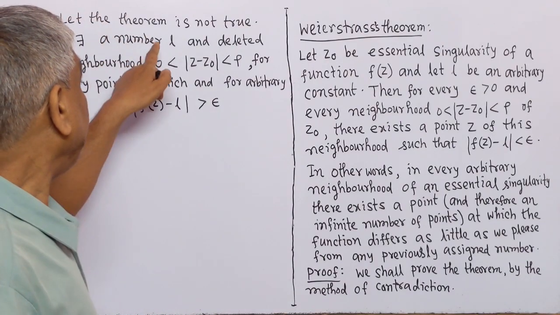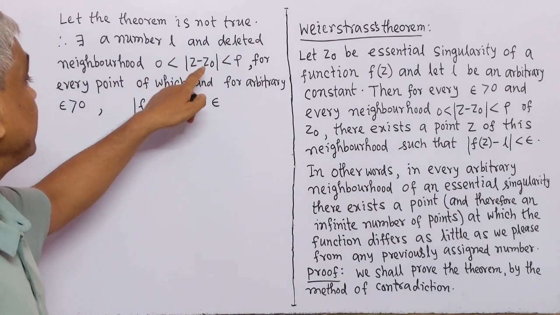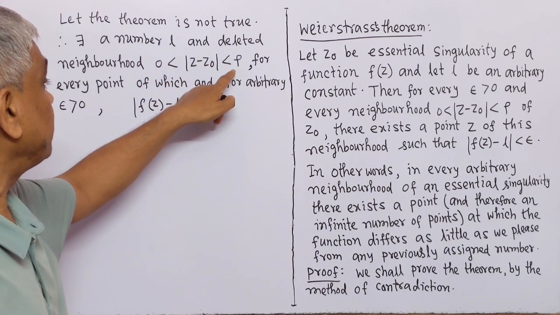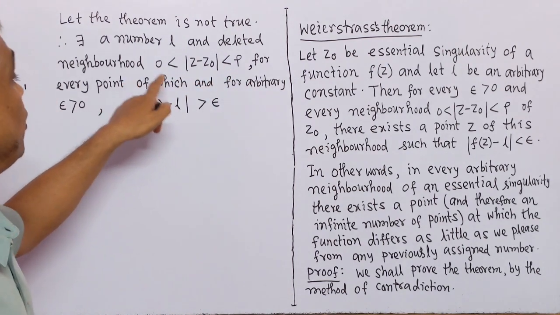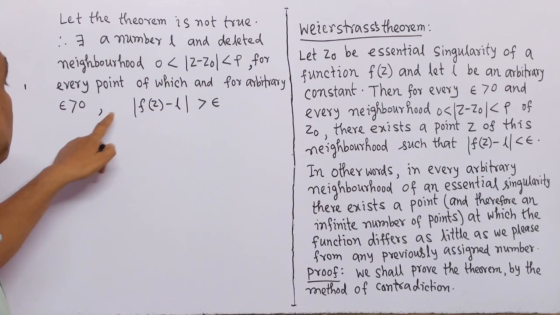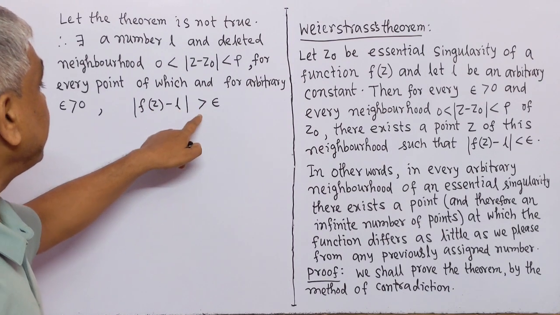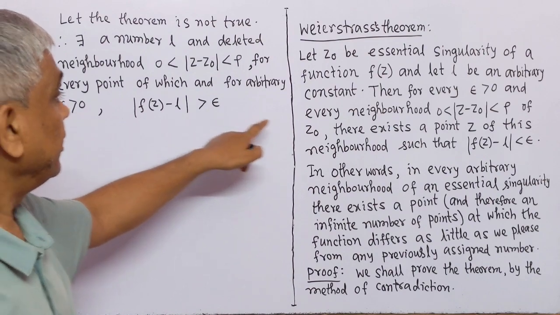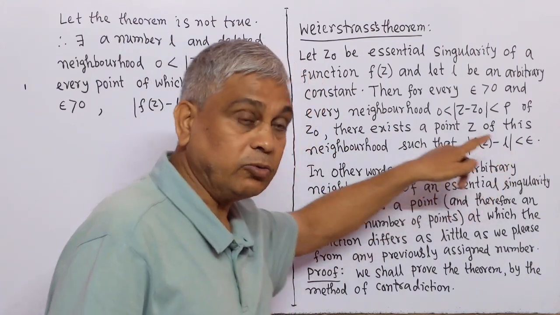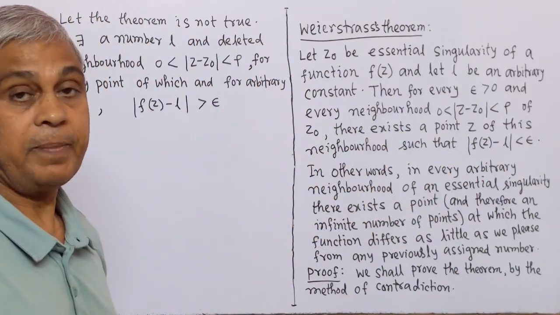Therefore, there exists a number L and deleted neighborhood modulus of z minus z naught greater than 0, less than rho, for every point of which and for arbitrary epsilon greater than 0, modulus of f(z) minus L greater than epsilon. Here we assume in this place greater than epsilon.